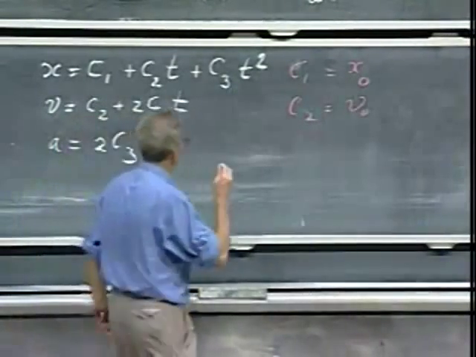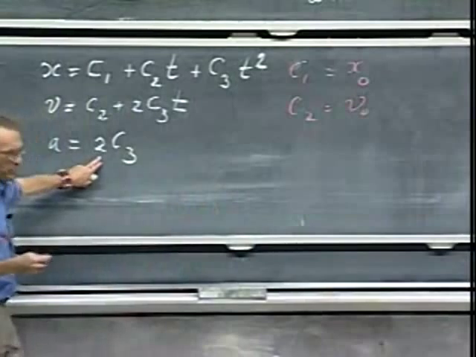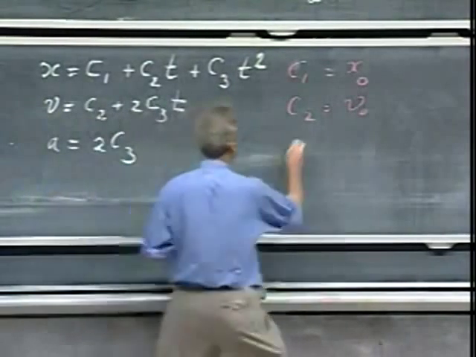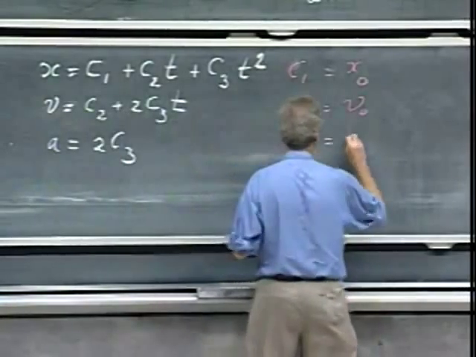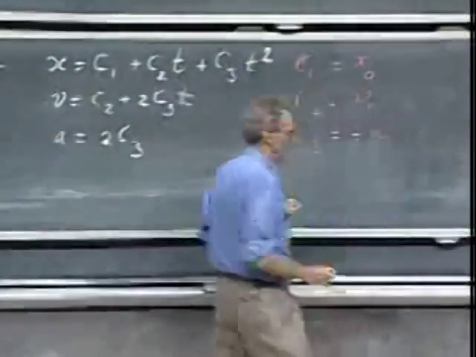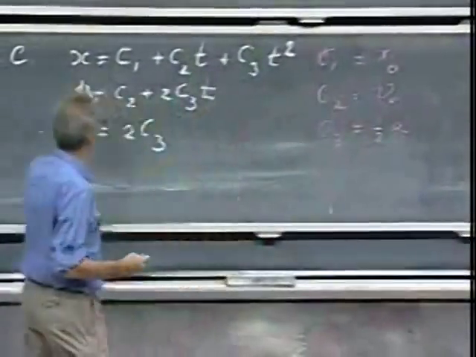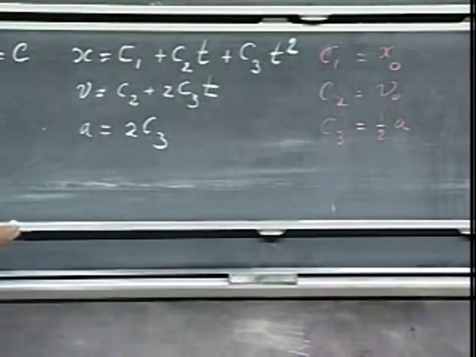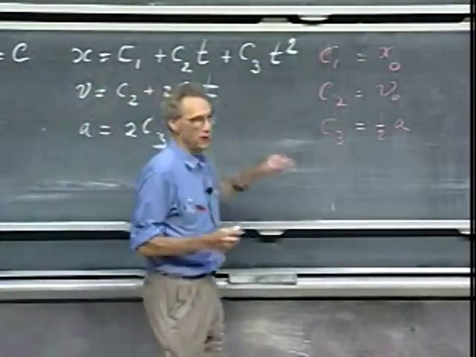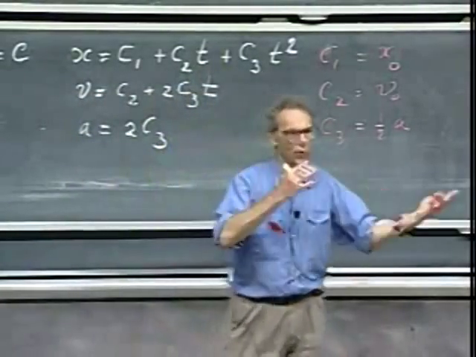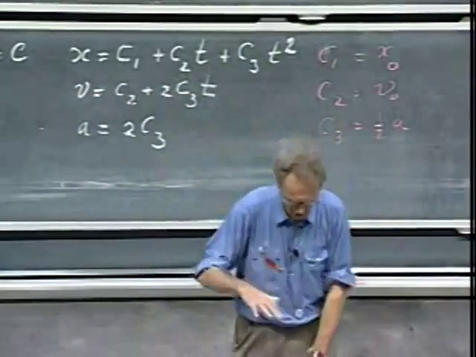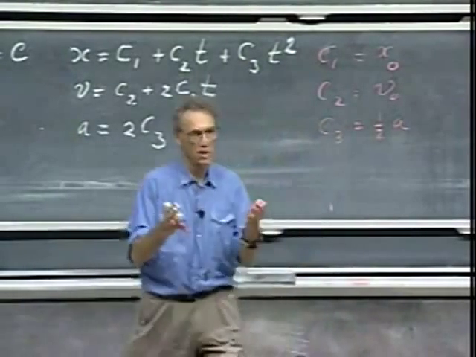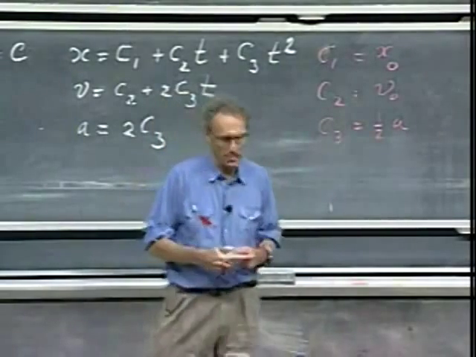And the acceleration is not changing with time, it is 2c3, therefore c3 is half the acceleration. So this gives you some insight in the meaning of these quantities, and you can read now some physics in there. c1, c2, and c3 can independently be either 0 or larger than 0 or negative. Makes no difference. Each one of these combinations is a valid possibility in physics.